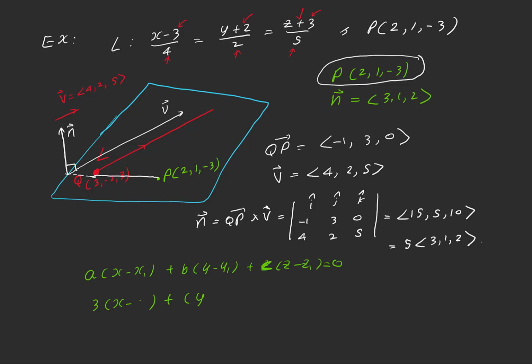I'm sorry, x1 is 2 and y1 is 1, plus c means 2 times z plus 3 equals 0. So you can simplify this to get the general form, and this is 3x plus y plus 2z minus 1 equals 0. So this is the equation of this plane.